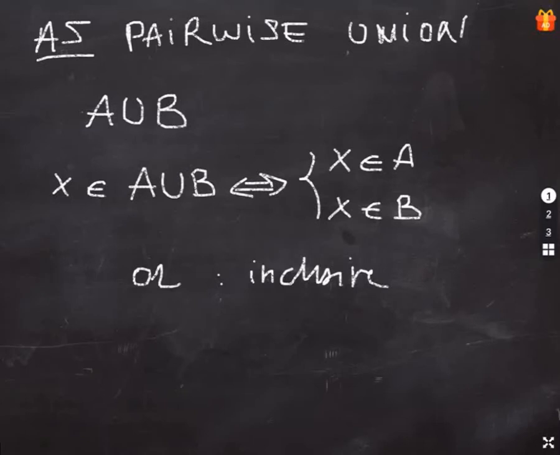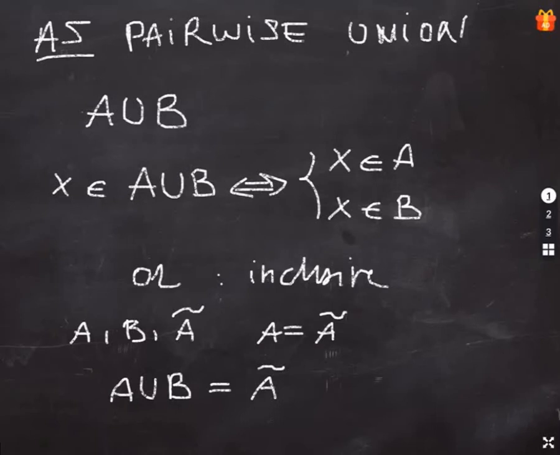It is important to note that if you have 3 sets, like A, B, and A tilde, and you have that A equals A tilde, then A union B is equal to A tilde union B. And in order to prove that, and I'm going to ask you to do it, you will need axiom 5 and 2.